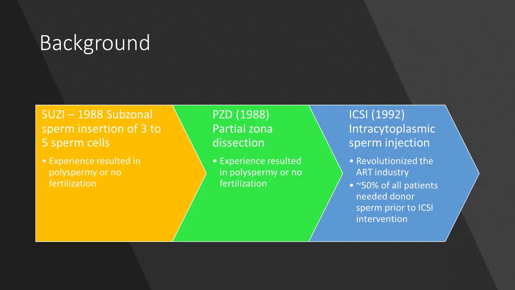The landmark study by Van Steirteghem and others in 1992 described intracytoplasmic sperm injection. At this time, it revolutionized the world of assisted reproductive technologies, and today ICSI is more widely used than the original intent for the 40 to 50% of the patients that historically had to use donor sperm.